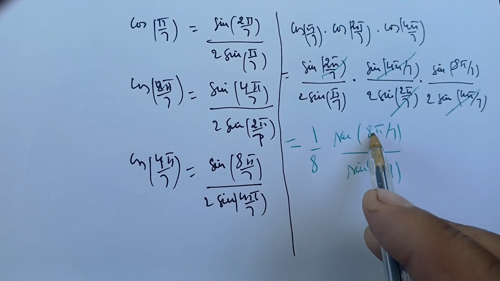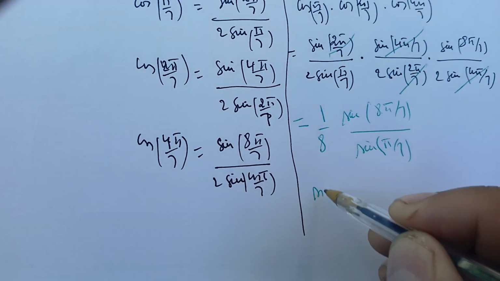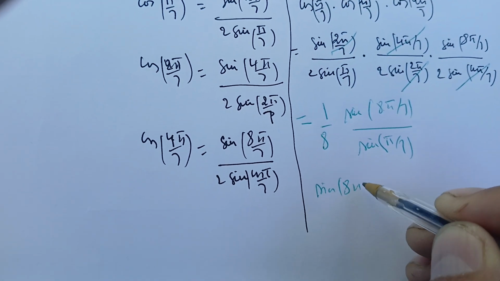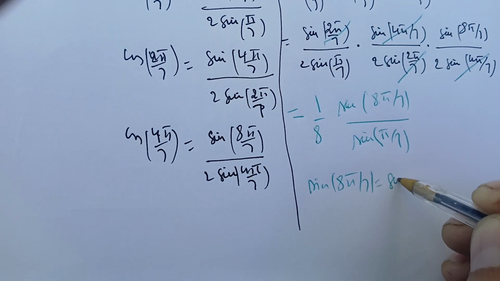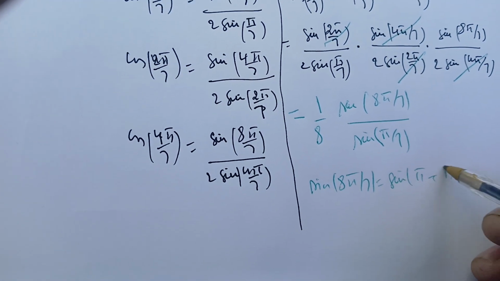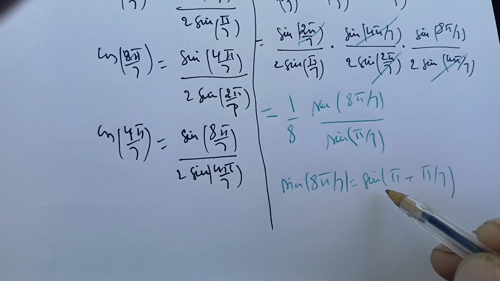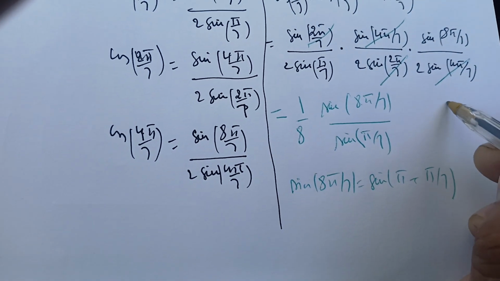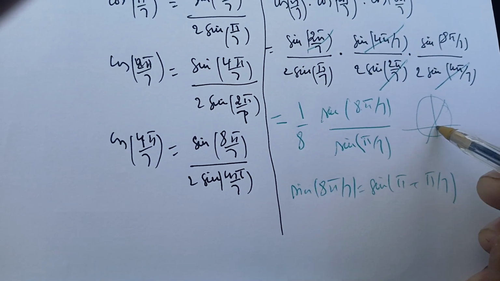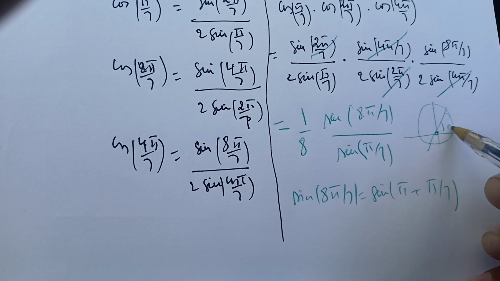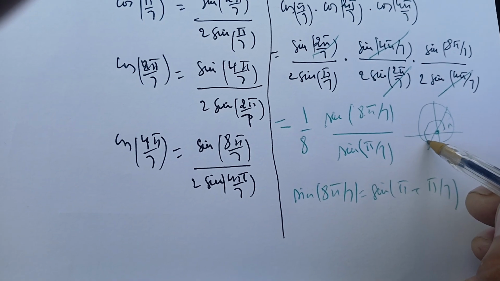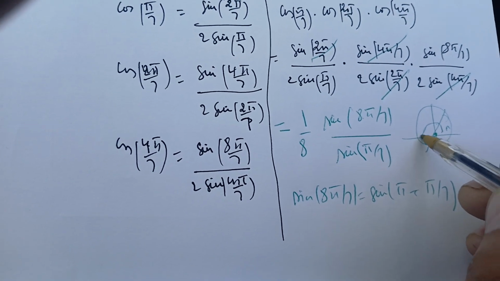But we know the sine of 8 pi over 7, we can write it as sine of pi plus pi over 7. And we know that this is just minus sine of pi over 7, because remember the circle: you have x, and when you move by pi, you make a half turn, and you get the negative.